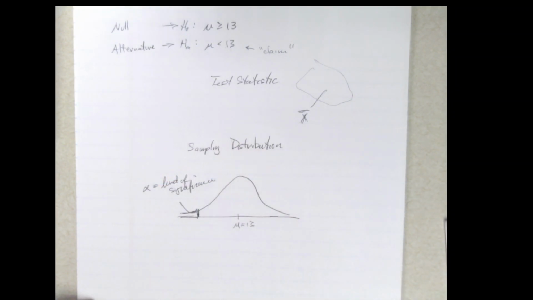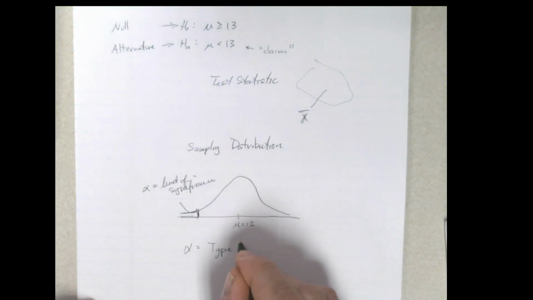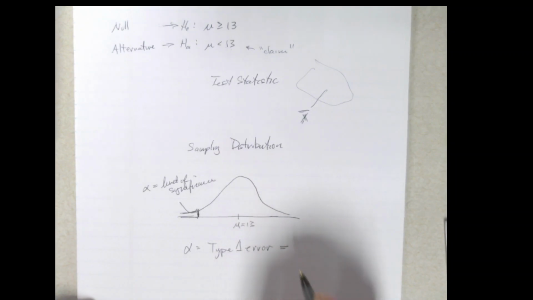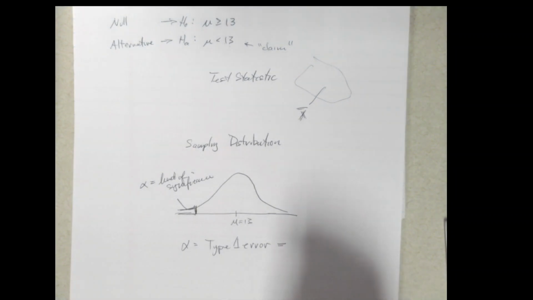And alpha is also equal to the probability of a type 1 error. So what is that? I'll just write it here.